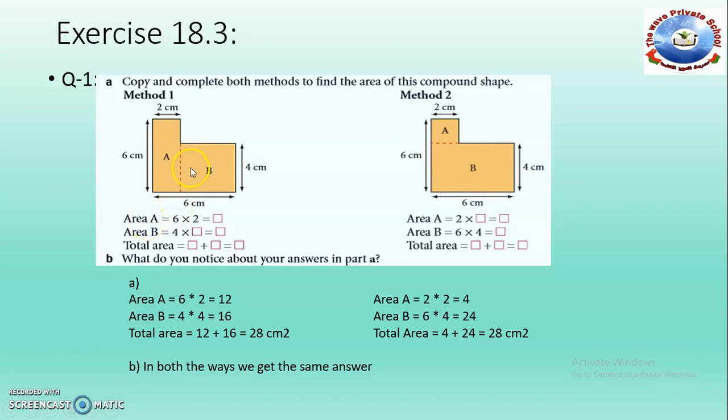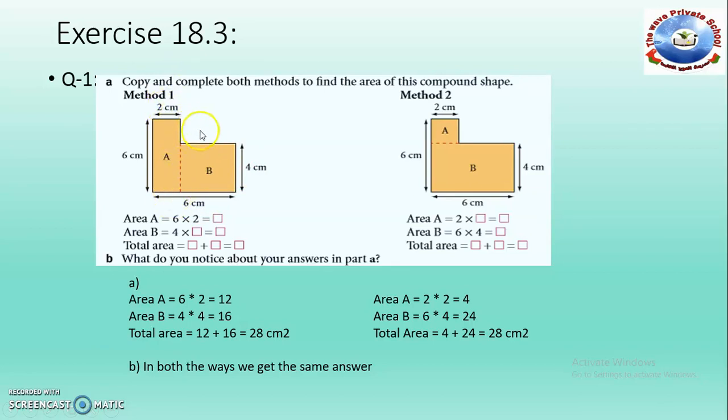So first of all, just divide it into 2 parts. After that, find the area of A. 6 multiplied by 2. This is the 6 and this is 2. So it will become 12 centimeter square. And then for B, you have to find first of all the missing number. The missing number for B is 4. 6 minus 2 will become 4, as we subtract these 2 sides.